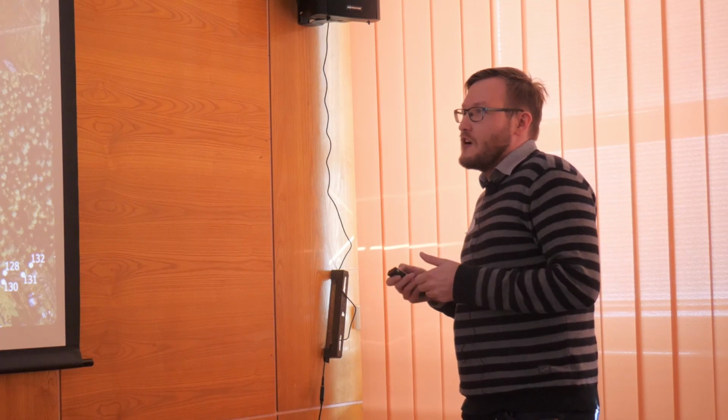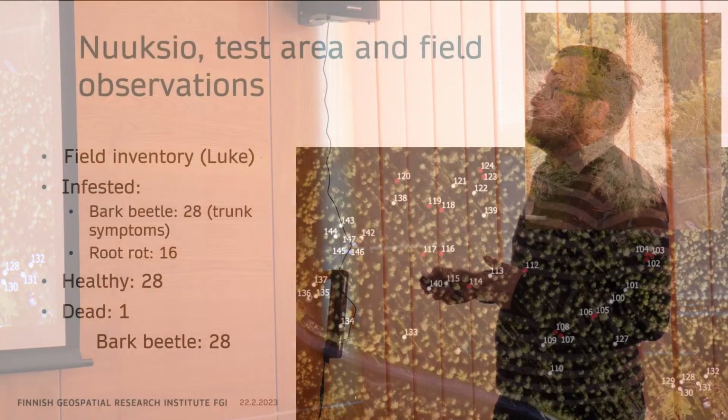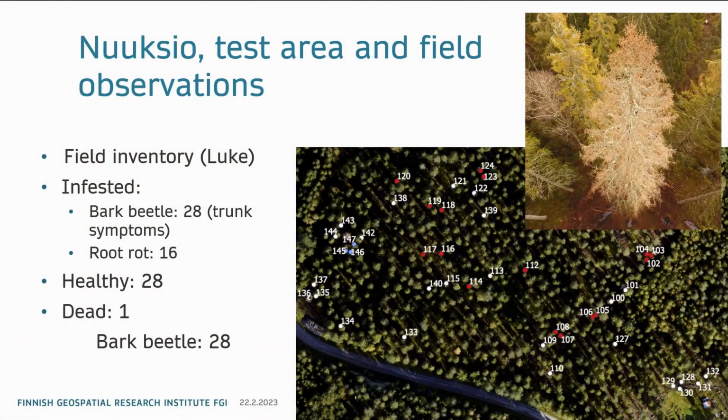So it was not only bark beetle, there was also another problem in the area. And then there were healthy trees, and in the end there was one dead tree. We were expecting that there could be more effect from the bark beetle, but it was actually quite mild in the end.